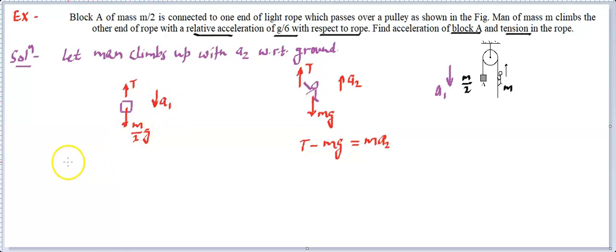Its Newton equation will be mg by 2 minus T, the net force downside, because a1 is downside, is equal to the mass of the block, which is m by 2, into acceleration a1. So you'll find two equations. You can call it equation number 1, and equation number 2.